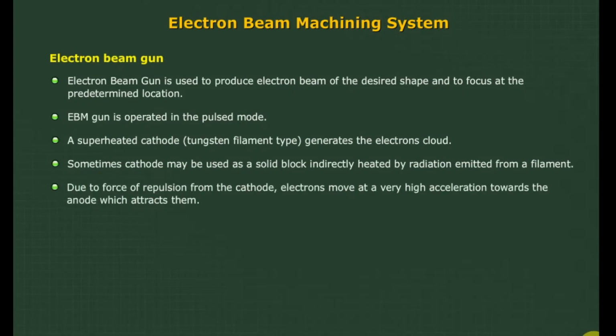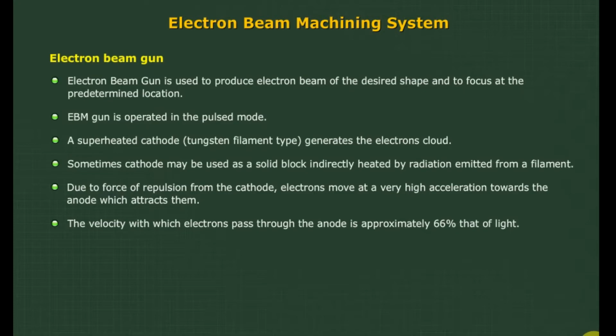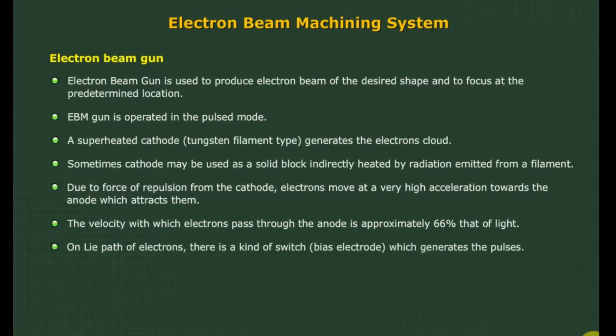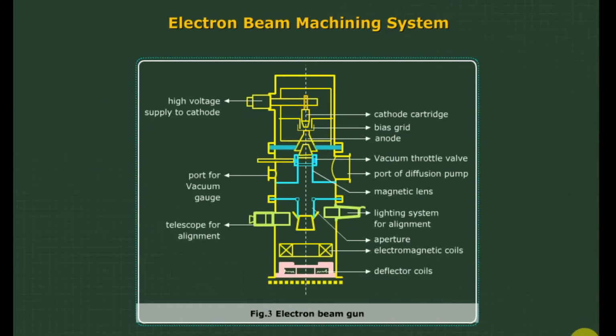Due to force of repulsion from the cathode, electrons move at a very high acceleration towards the anode, which attracts them. The velocity with which electrons pass through the anode is approximately 66% that of light. On the path of the electrons, there is a kind of switch, a bias electrode, which generates the pulses. Figure 3 shows the electron beam gun.